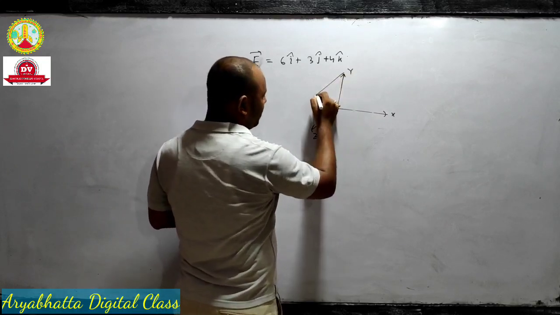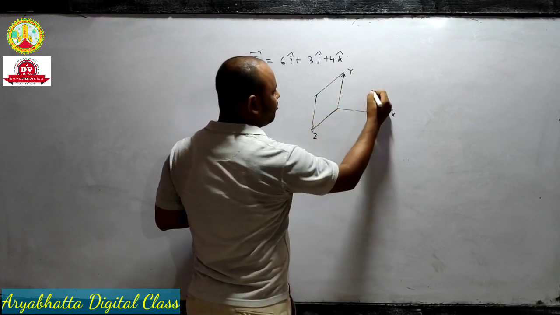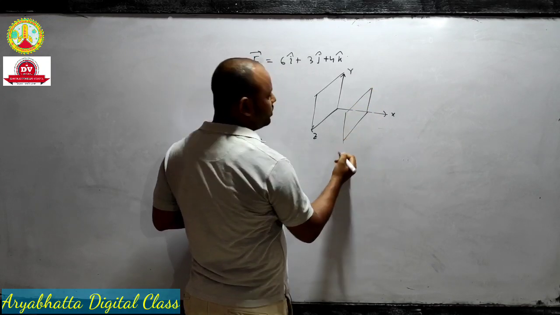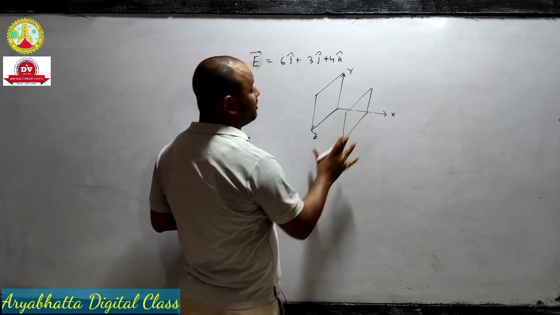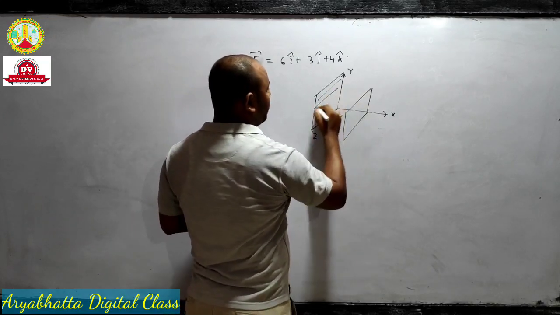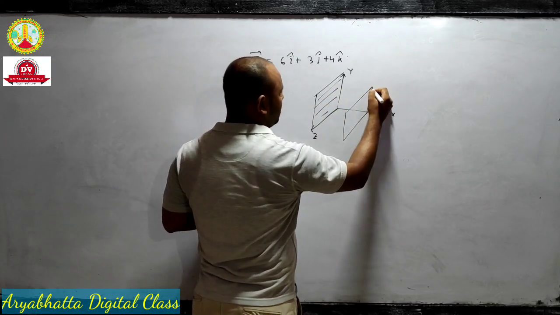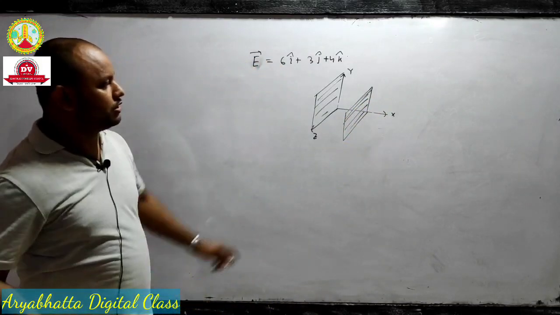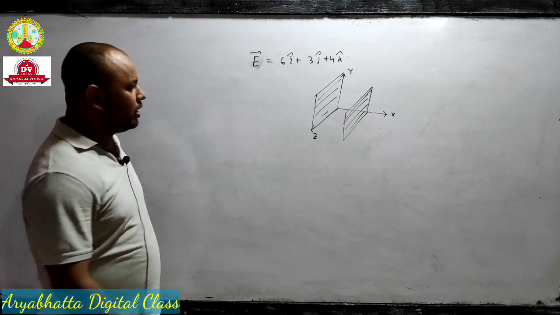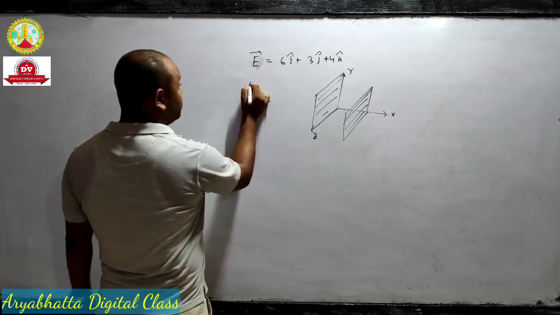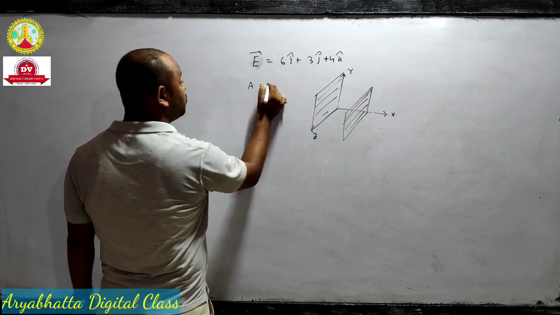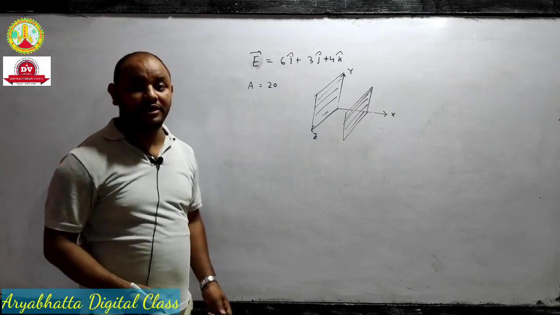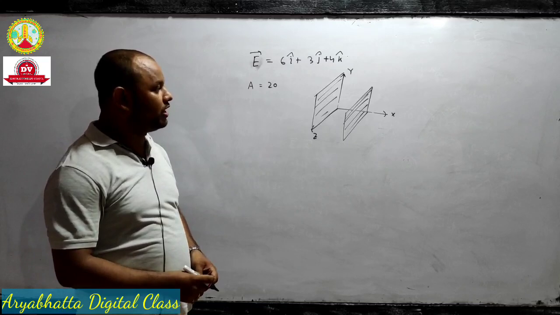This is the yz plane, and we are given a surface which is parallel to yz plane. These two are parallel, and the area of this surface is also given, which is 20 unit.